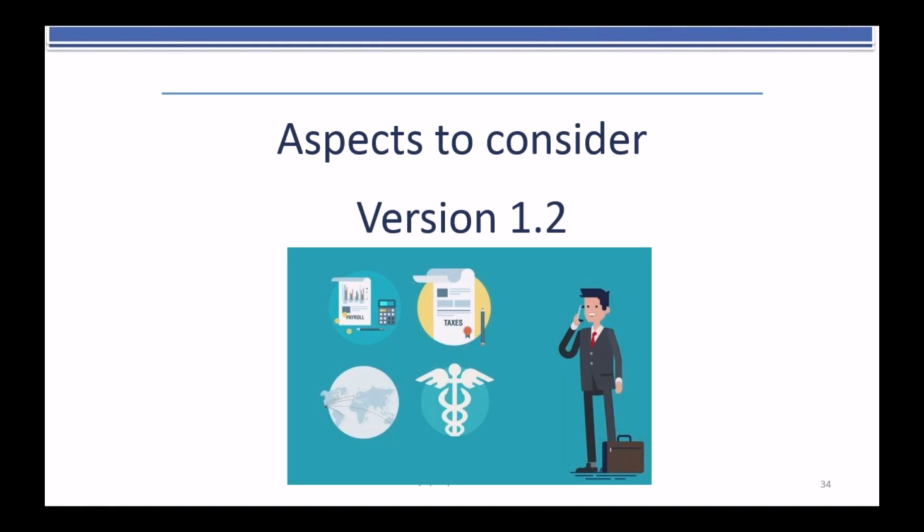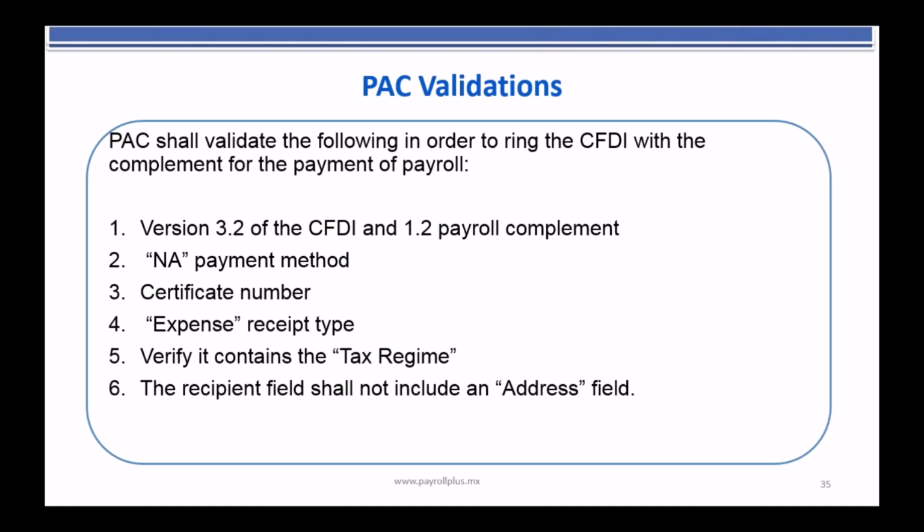Now, as part of the background that we saw, we dedicated time to review additional information that was not being validated in version 1. So now the service providers, by using this 1.2 complement, are going to have to validate that version 3.2 of the CFDI and 1.2 for the complement is being used.